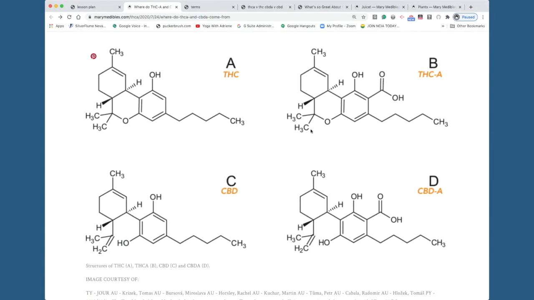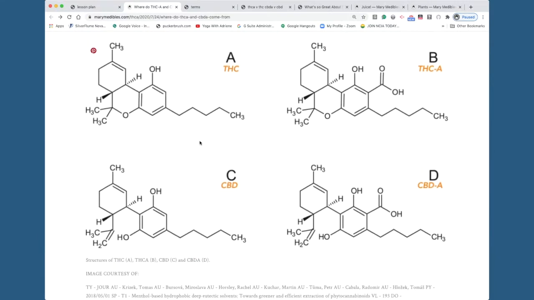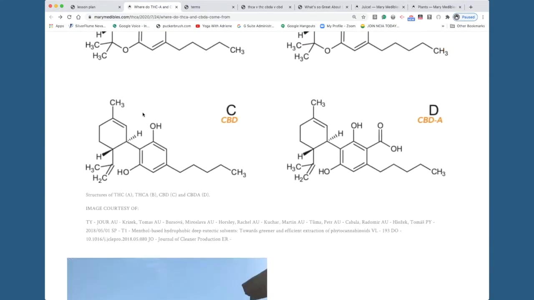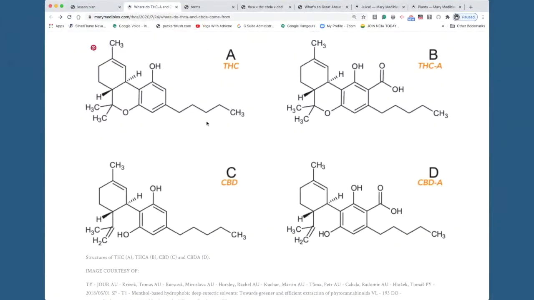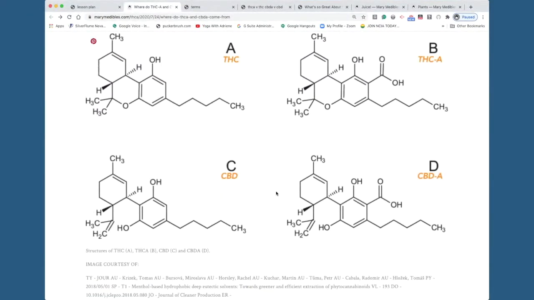So when they're raw, they don't fit as well in our system, which is interesting that it makes it so much more powerful. But when they're heated up, when they've been exposed to heat, light, or air, they're smaller and they fit like a jigsaw puzzle into our receptors and into our enzymes. And so they just plug in and fit like a glove.